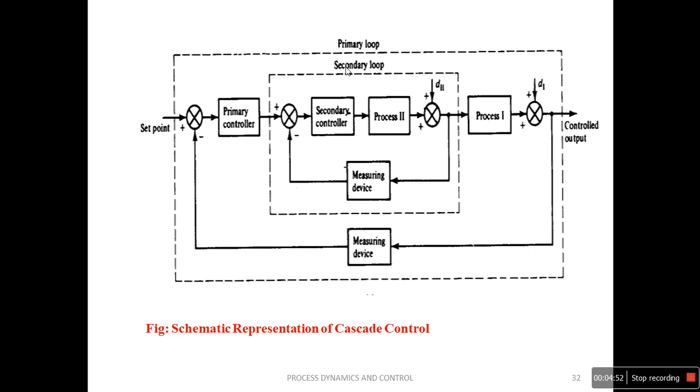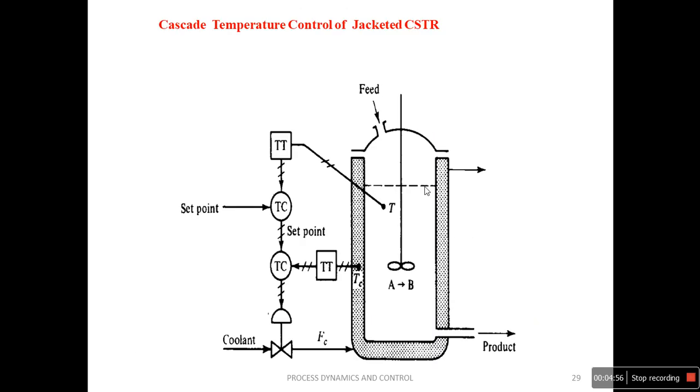So from the CSTR system, process 1 is the reaction in the tank, and the control output is the temperature T. Process 2 is the jacket, and its output Tc affects process 1, or the reactor, and subsequently capital T, that is the product temperature.